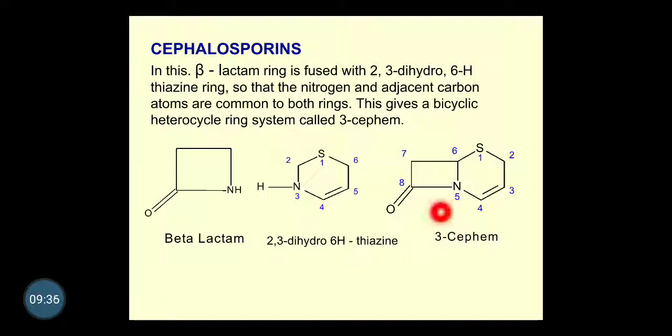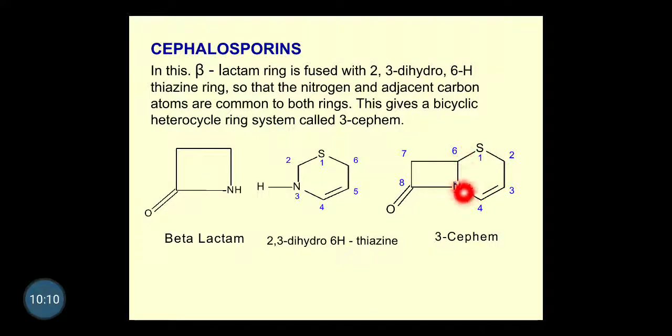Now, as far as numbering is concerned, we definitely start with the sulfur: sulfur 1, 2, 3, 4, 5, 6, 7, 8. In penam types of antibiotics, the nitrogen gets the 4 position. In this case, it gets the 5 position. Whereas the acyl side chain in penicillin types of antibiotics is from the 6th position, that is 6-aminopenicillanic acid, which we already discussed. But in this case the side chain will be from the 7th position, because an additional carbon is added.